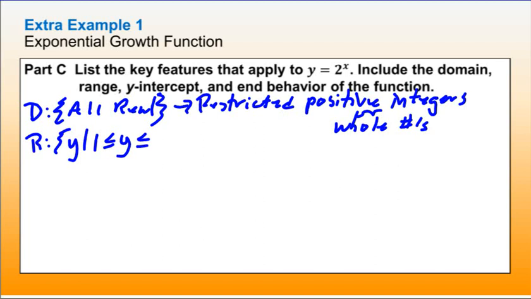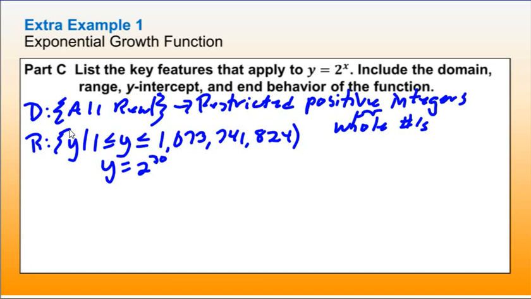This is going to be less than or equal to 1,073,741,824. And how did I get that? If you did y equals 2 to the 30th power, because x would be 30, that would be your last day in there.